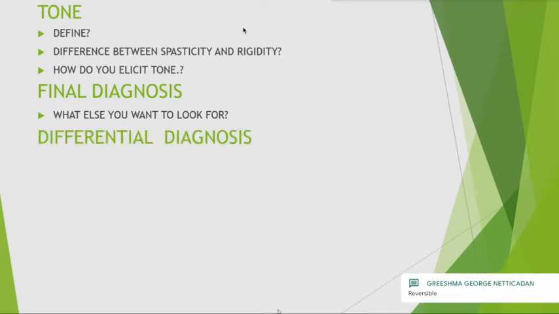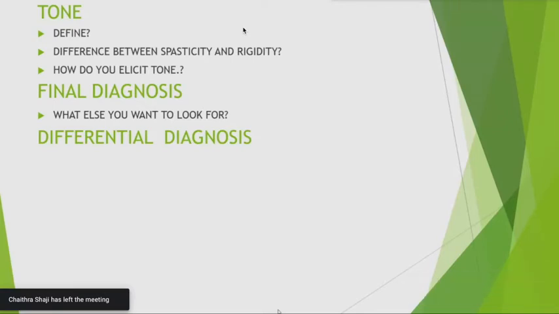Yes, that will be helpful to make a differential diagnosis for this patient. Cognitive impairment, sleep disturbance, hallucinations. Anything else? Then reduction of smell. Excellent. So cranial nerve involvement can occur in this patient.